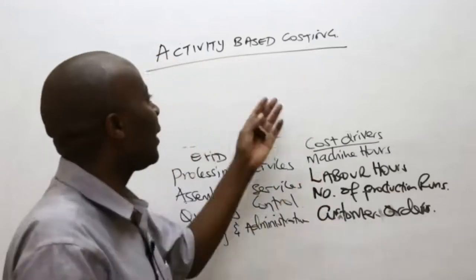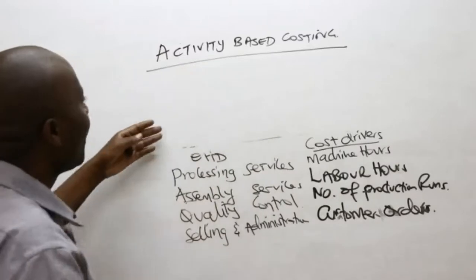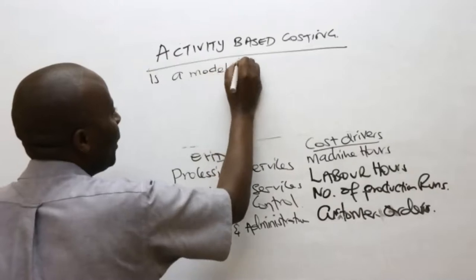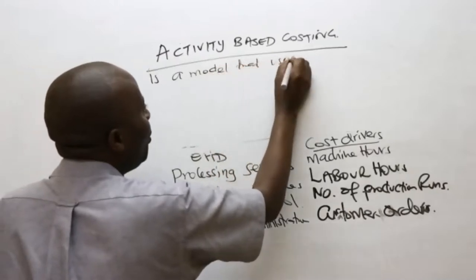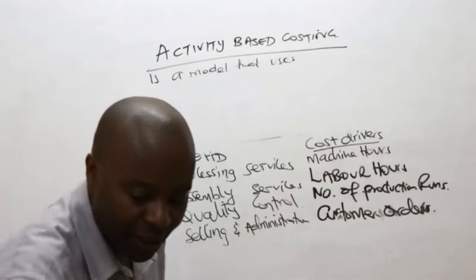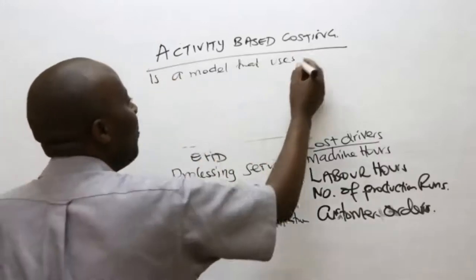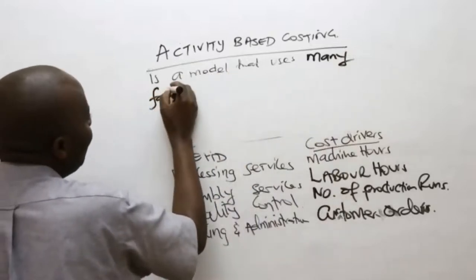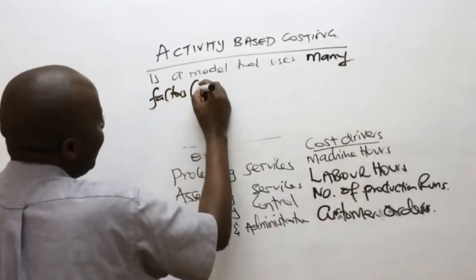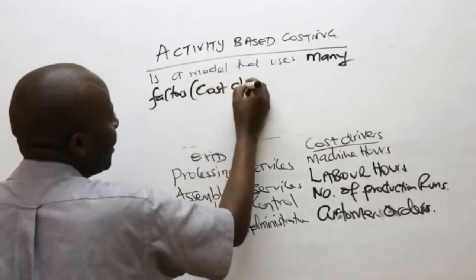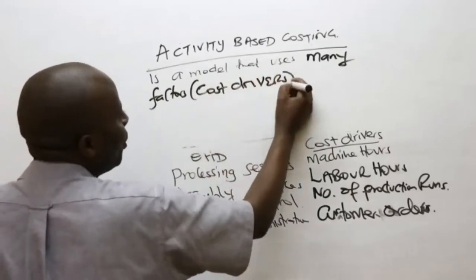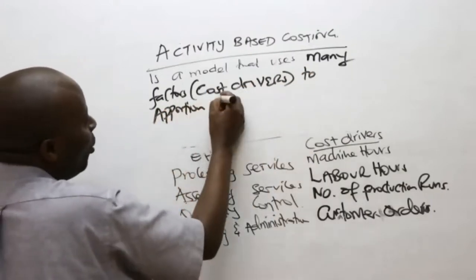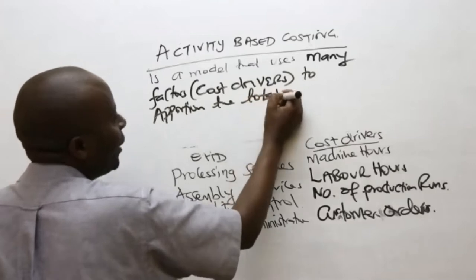And we started by saying that ABC, ladies and gentlemen, is a model that uses many factors, into brackets here, cost drivers, to apportion the total overhead.